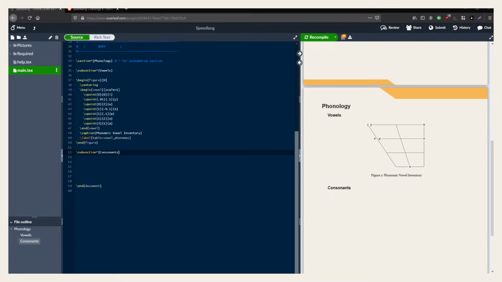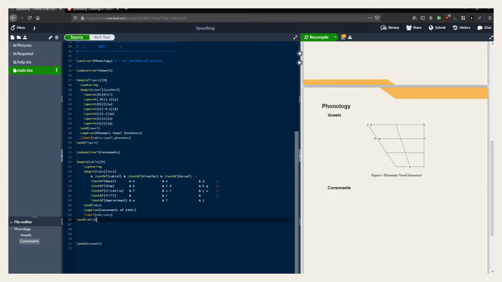And I'm going to go and grab the consonant chart for one of my conlangs. Get rid of the label. Actually, let's go with that.